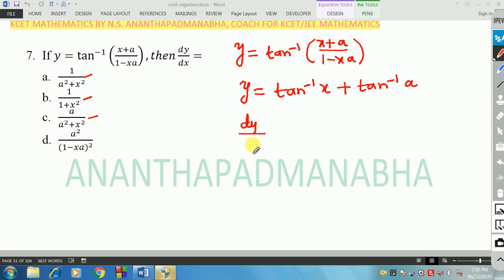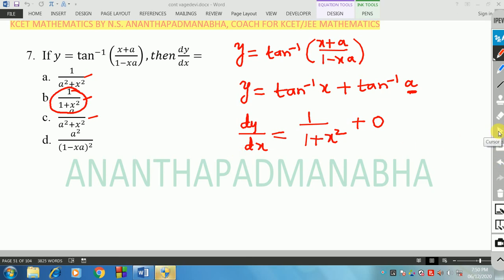We will get dy by dx is equal to the derivative of tan inverse x, which is 1 over 1 plus x square, and the derivative of tan inverse a is 0 because a is a constant. So therefore I will get 1 over 1 plus x square as the answer, which is option B here, 1 by 1 plus x square.